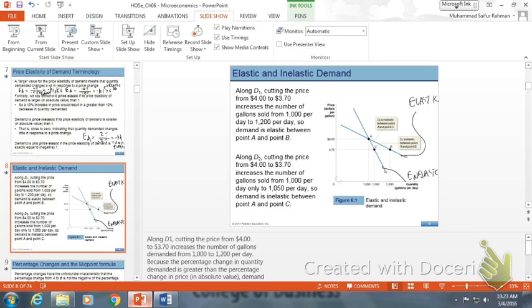So this is 1200. So that's my 200. This is 1200. Yeah, this is 100 divided by 6. So what's 100 divided by 6? 16.7. So minus 16.7 divided by 8.1. How much do we have?